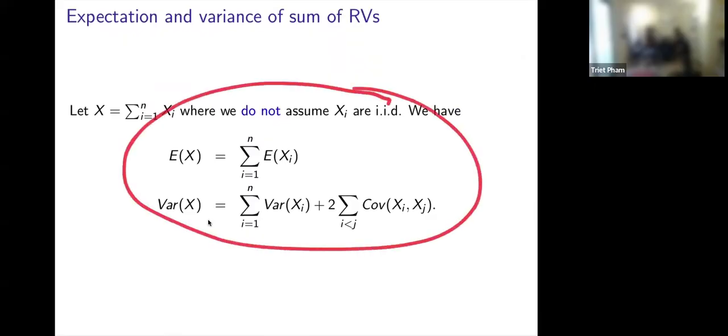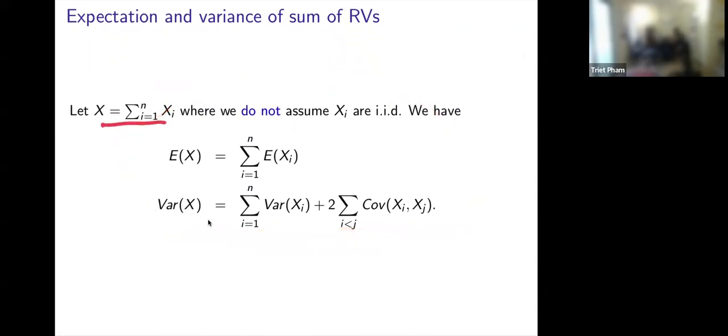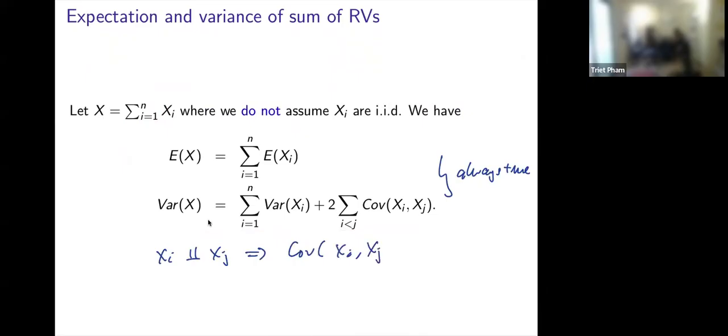Okay. So here is the general result I told you before: if you have just a sum, then the formula is always true. Now, of course, if Xi and Xj are independent, then the covariance will be 0.